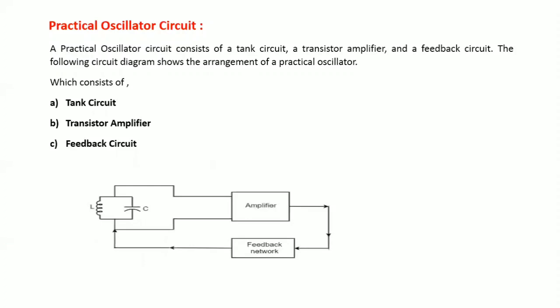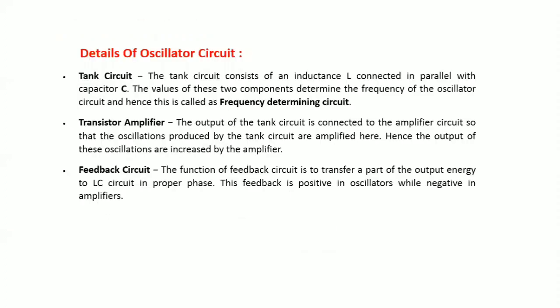Now, what is a practical oscillator circuit? Here the diagram indicates the same. It consists of three basic parts: the tank circuit, the transistor amplifier, and the feedback circuit, each having particular functions. In a tank circuit, we basically use the components L, that is the inductor, and C, the capacitor.